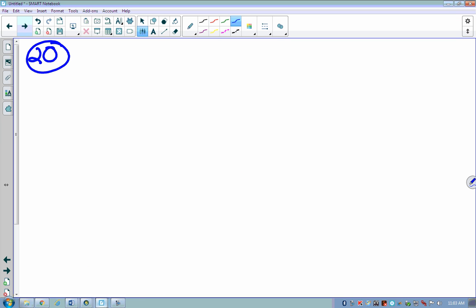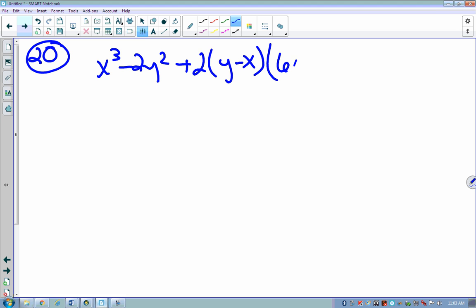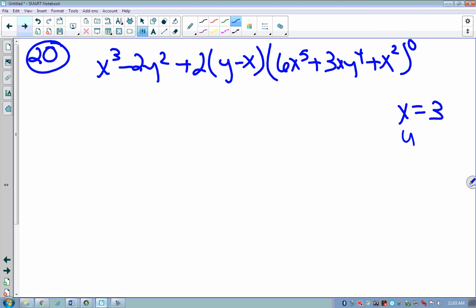It says evaluate: x cubed minus 2y squared plus 2 times y minus x, times 6x to the 5th plus 3xy to the 4th plus x squared to the 0, if x equals 3 and y equals 4.